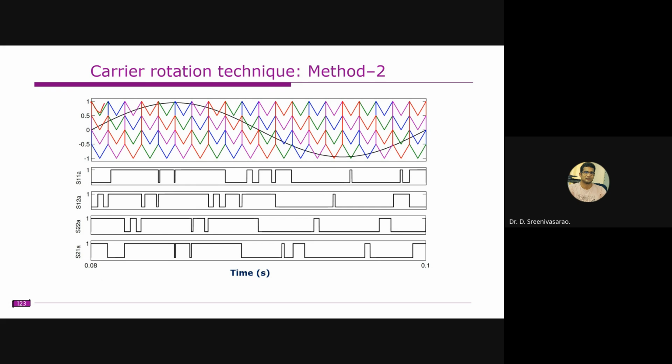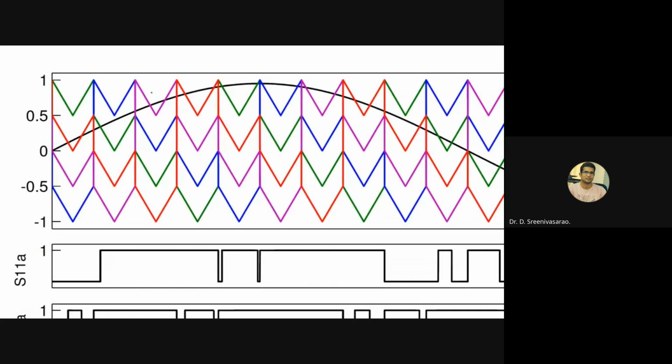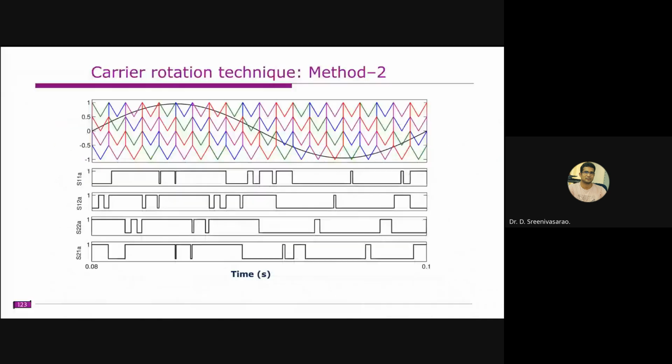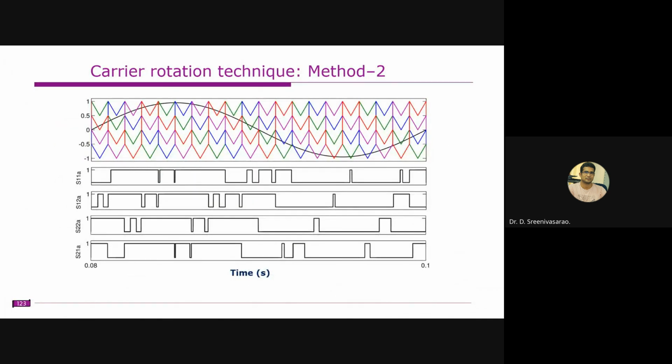So this is the first carrier. If you observe the green one, see here how it is changing its position from stage one, two, three, four, and again it moves back to the first position. So this is the carrier rotation technique, and this is happening at every modulating cycle.